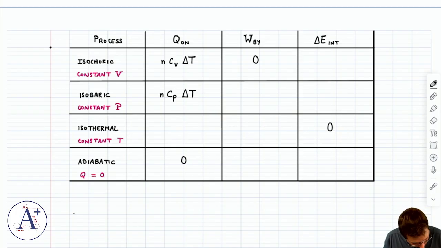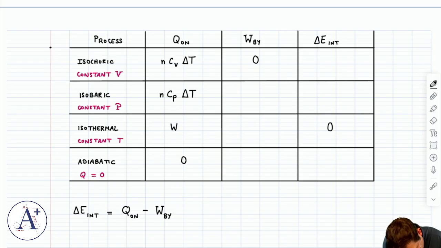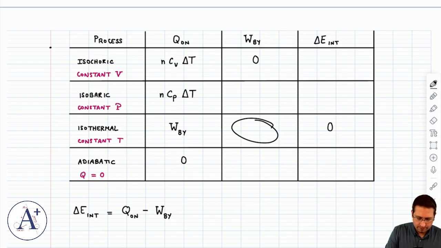And just as a reminder, we'll put it here because we might need it again. The first law tells you that delta E internal is Q on minus work by. So all that you can say here is that Q on is going to be equal to work by. We're going to see what that is right here.